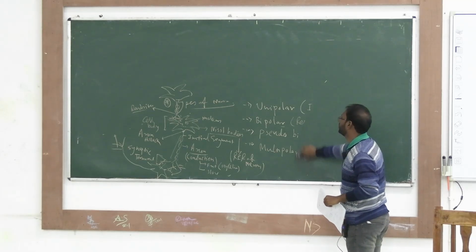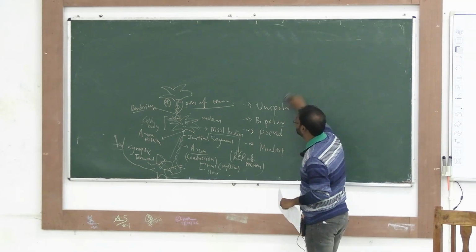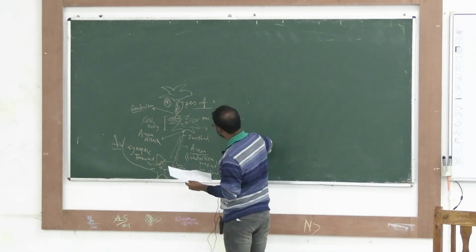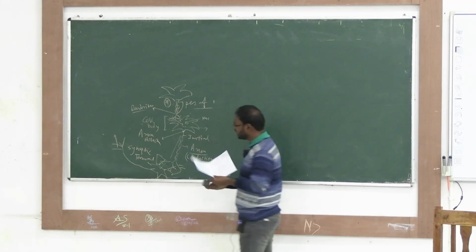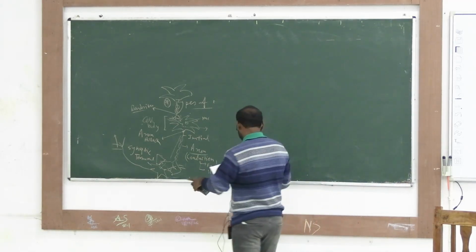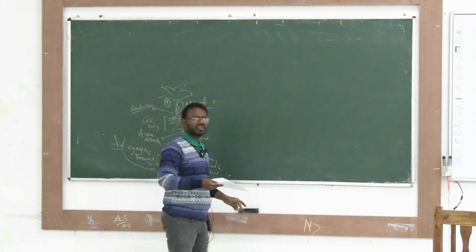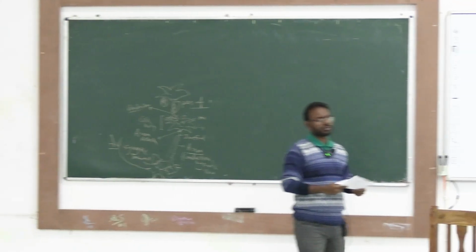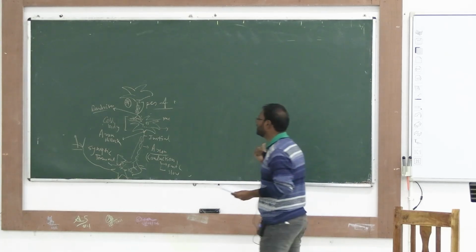If this action potential is not generated, this conduction will not happen. So this generation of action potential is actually happening in case of different sensory and motor functions. This generation of action potential is happening in different areas.